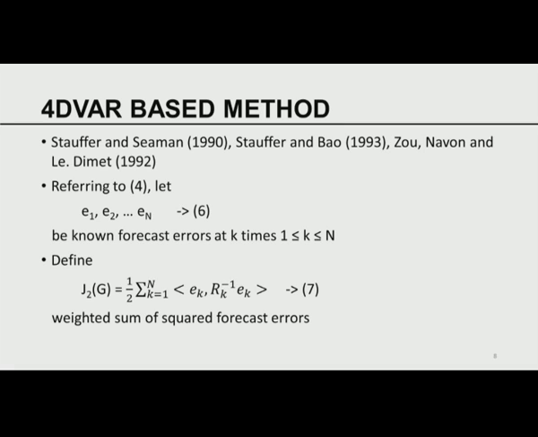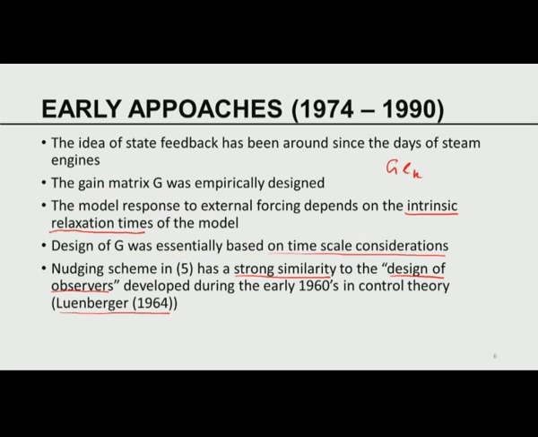Stauffer and Seaman, Stauffer and Bao, Zhao, Navon and Ledimet were some of the earliest people who were working in trying to find the optimal value of G. So referring to equation 4, let me go back.